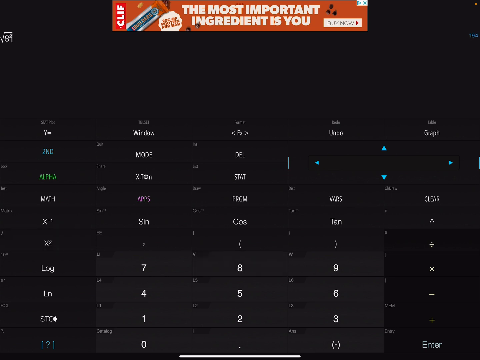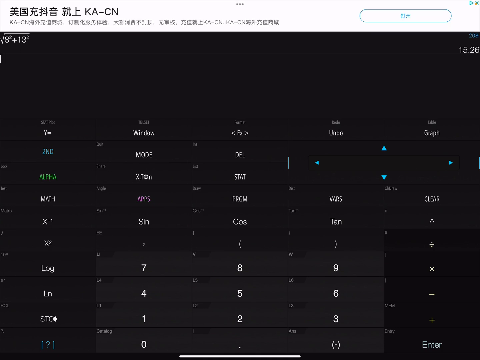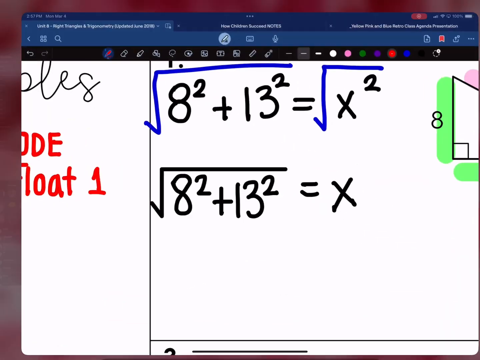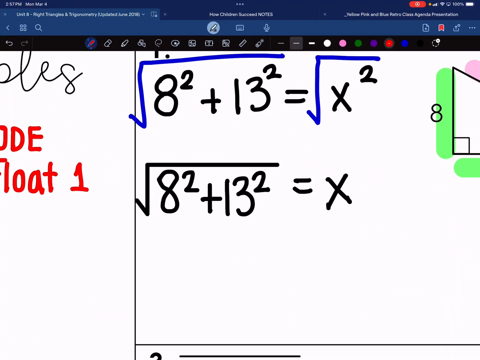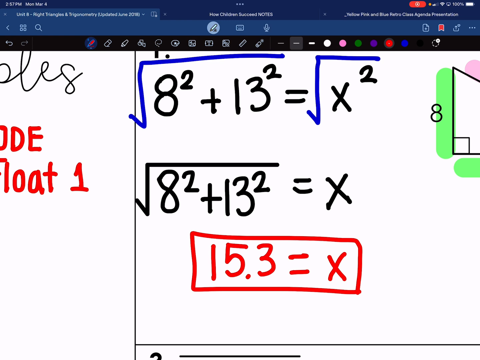Okay, 8 squared plus 13 squared. And you get what? Okay, so ours is going to round to the nearest tenth, so we should have 15.3. Okay, so x is 15.3. And that's all you got to do.